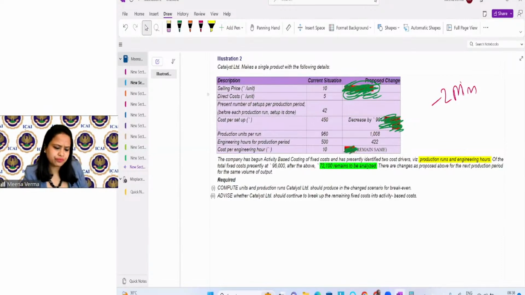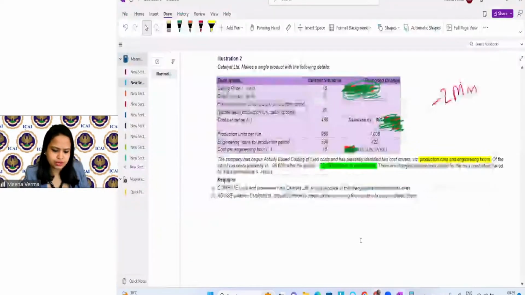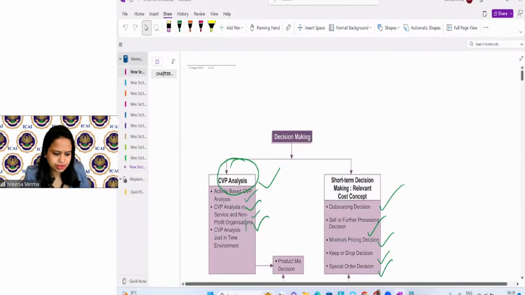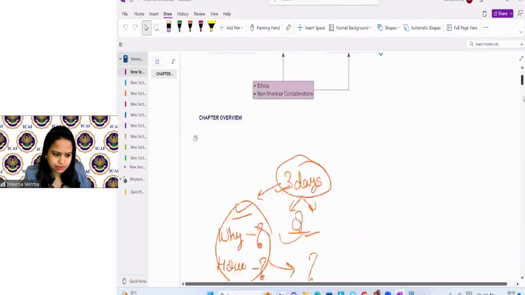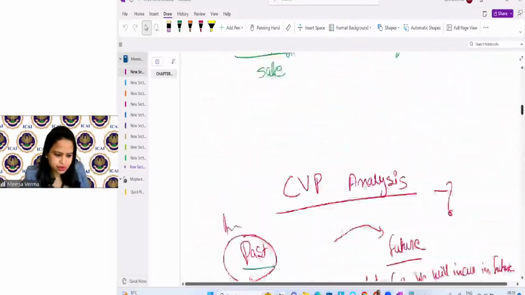Storage cost. What about storage cost? Where? Okay. So there is a doubt from the last question. Give me 1 minute. Let me see what you are asking here. I don't think in the last question we had any storage cost.